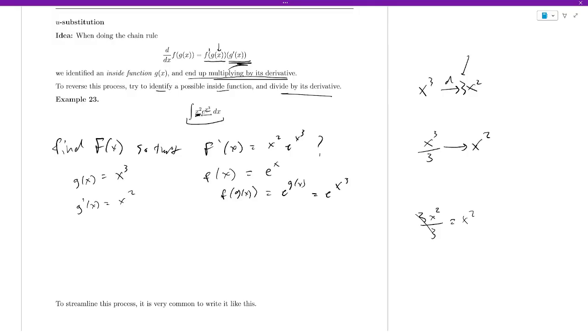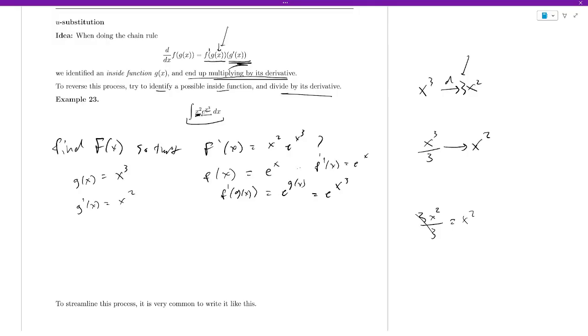So I'm identifying that this whole inside thing is actually f prime of g of x, sorry. This is a little bit confusing because it's e, but if f of x is e to the x, then also f prime of x is e to the x, and we really want to identify f prime of g of x, because that's the thing on the right hand side.